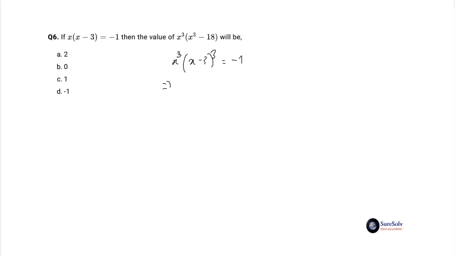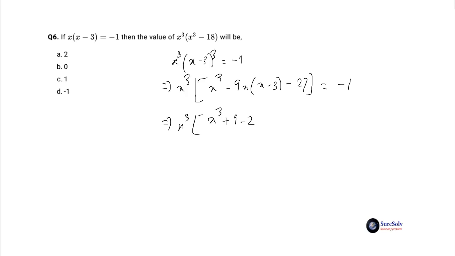So this results in x cube multiplied by x cube minus 9x multiplied by x minus 3 minus 27 equal to minus 1, or x cube multiplied by x cube plus 9 minus 27 equal to minus 1, or x cube multiplied by x cube minus 18 equal to minus 1. We got the value of the target expression.